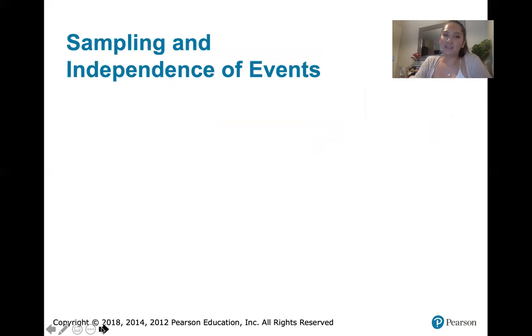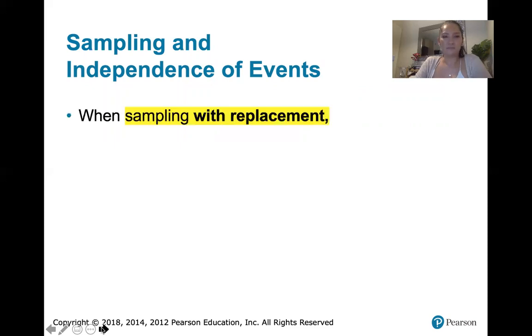Now that's intimately related to this idea of sampling. Sampling is so important. It changes probabilities. So we want to keep that definition of independent and dependent in mind and think about how sampling affects independence. So we said that if you are sampling with replacement, so that means if you were to take some data value out of your data set and you put it back in, well, then the data set is exactly the same as when you started.